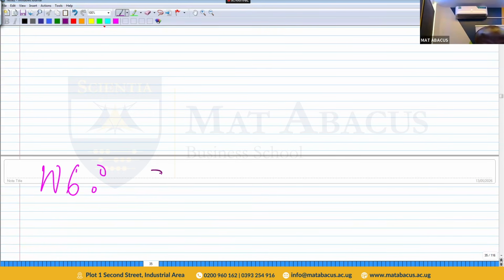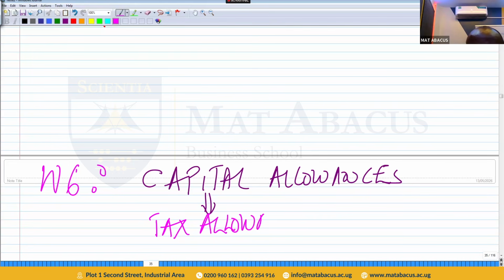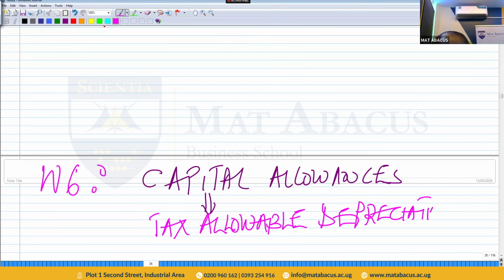And we're looking for capital allowances, commonly known as tax allowable depreciation. And this depreciation is abbreviated TAD.